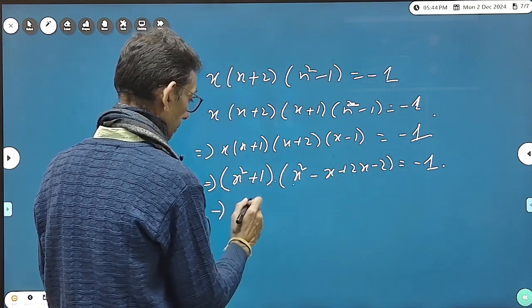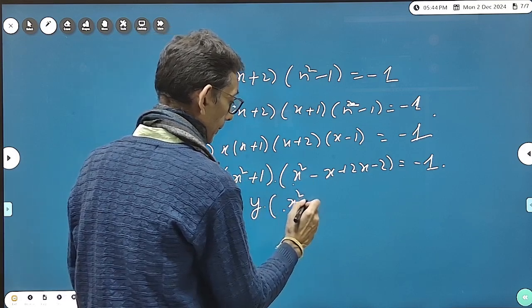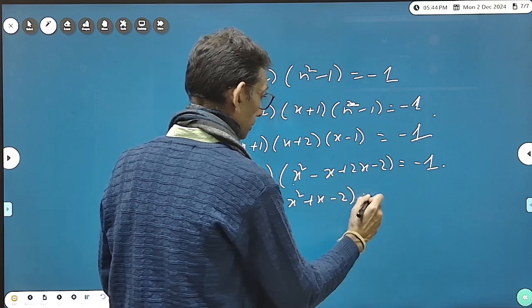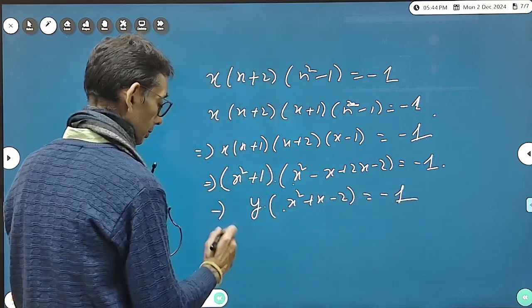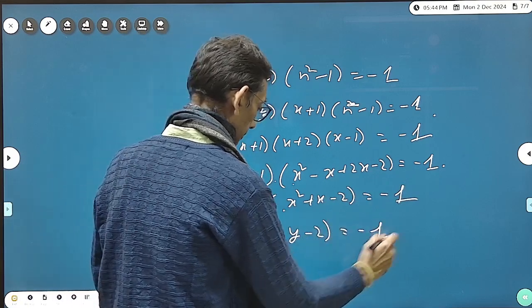Let x square plus x be y, and here x square plus x minus 2 equal to minus 1. So one is y, the other is y minus 2, equal to minus 1.